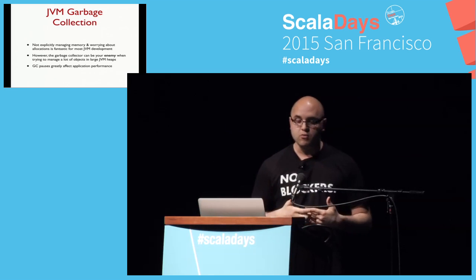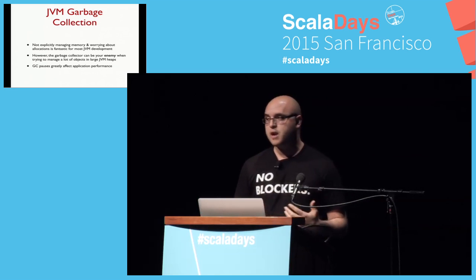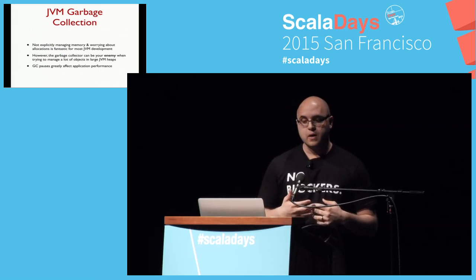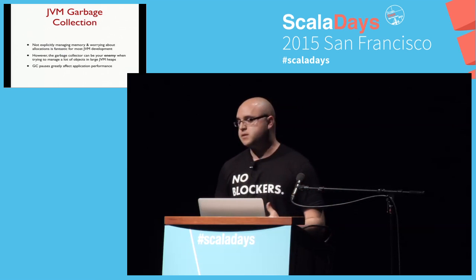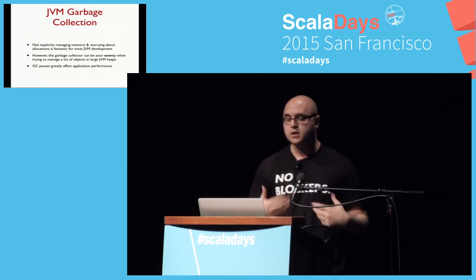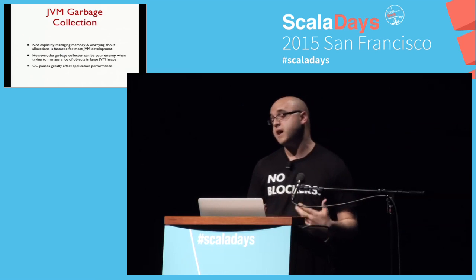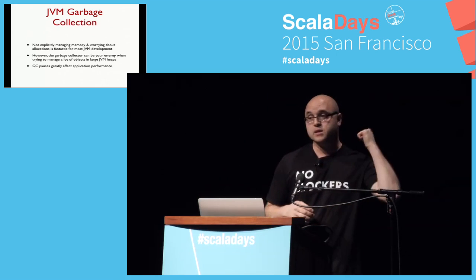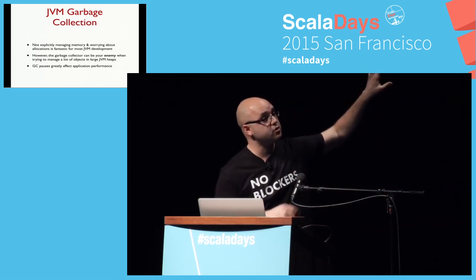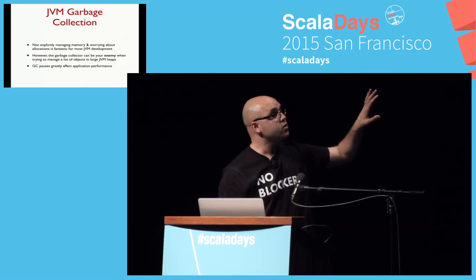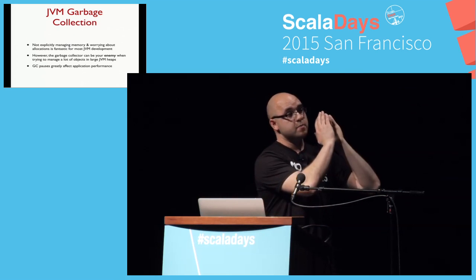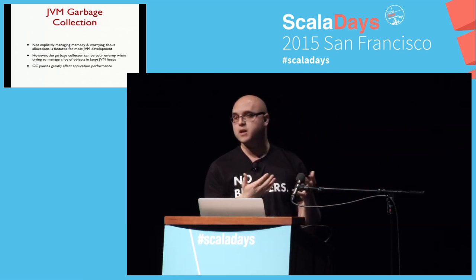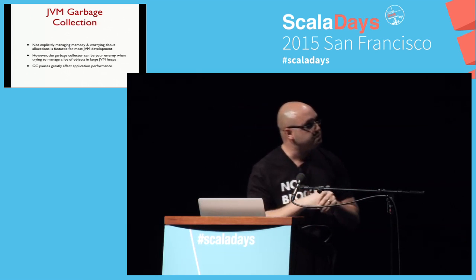But the garbage collector can really get in your way when you have large JVM heaps with a lot of objects. Despite many advances in JVM garbage collectors, they can still create pauses that can affect your application's performance. Going back to the original diagram where we had the HTTP handler going to the master to the workers, the goal really is to submit an HTTP request and get back the answer as quickly as possible, within seconds or milliseconds.